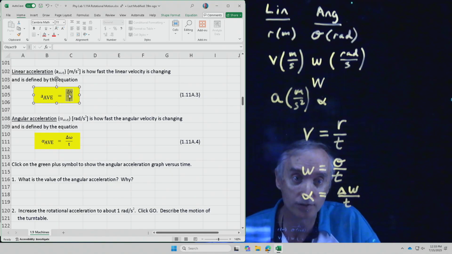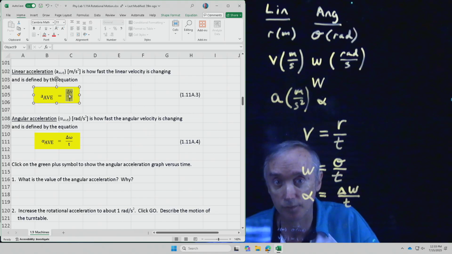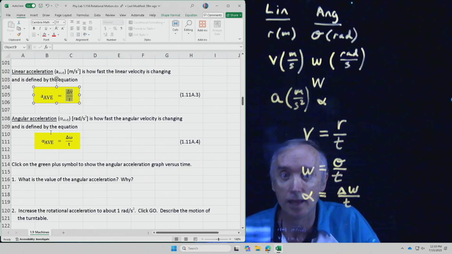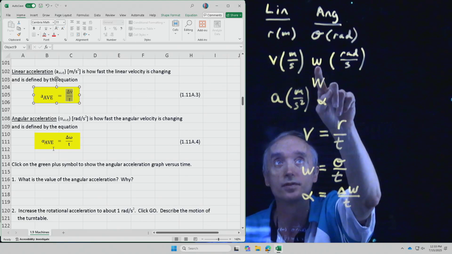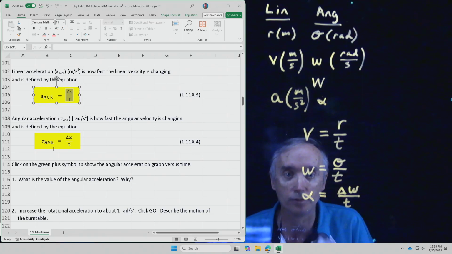It makes you go faster or it makes you go slower, depending on the sign. And now this is angular acceleration, and it changes your angular speed, where angular speed was the omega thing up here, and it's over time.